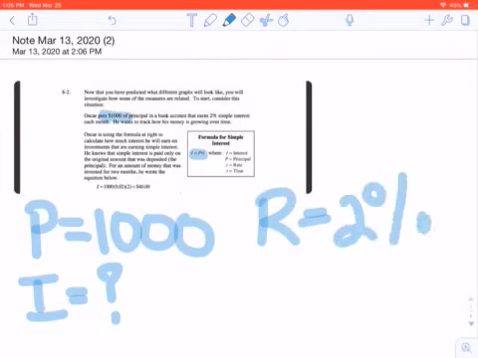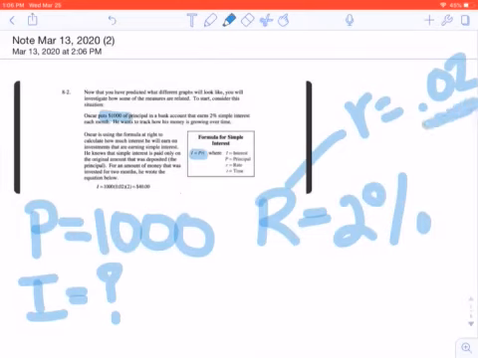But percent is always out of 100, so our rate is really going to be 0.02, because 2 out of 100 is 2 hundredths as a decimal. And our time, T, is going to be however many months he's going to be saving. So if we wanted to calculate how much he would have in 1 month, we would use a 1.